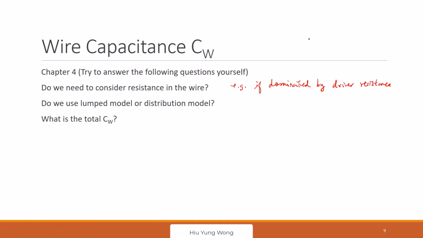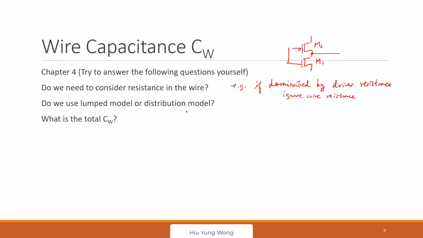The driver means the first stage, M2 and M1. If their resistance dominates, then we can ignore wire resistance. Otherwise, we need to use the lumped model.